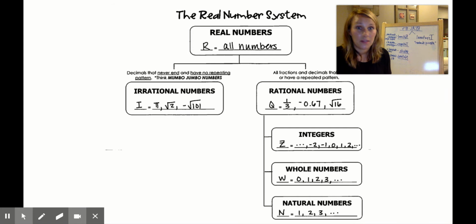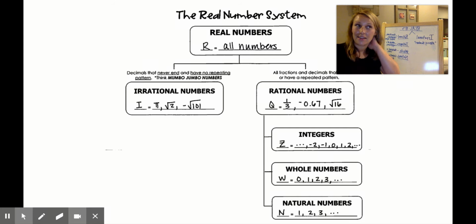Then people lived in Minnesota and they were like, wait a minute, we need numbers that represent something that's less than 0 because we live in the winter time where the temperature falls below 0. And so they decided we need to broaden our classification system. We need to start adding a larger classification, and that is where we come up with integers.